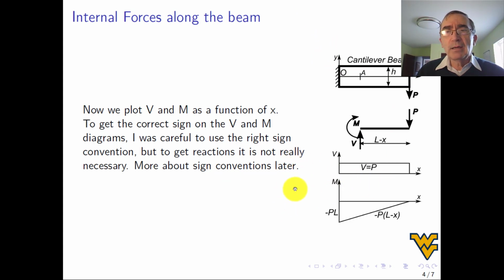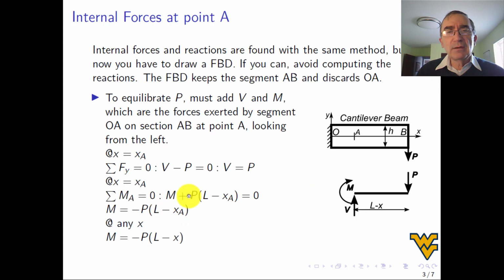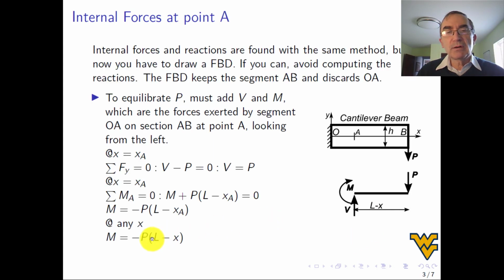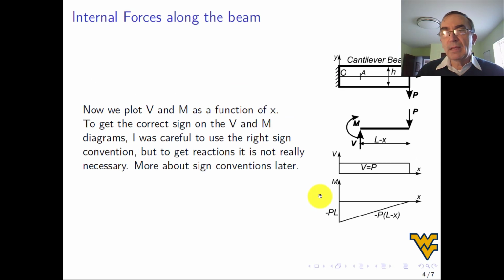So if we go back, what we found is that V is equal to P along the length of the beam, and the moment is given by this linear equation, minus P times (L minus x), which is right here, all right? With a convention that we will discuss in detail later, but they give me the right diagrams, okay?